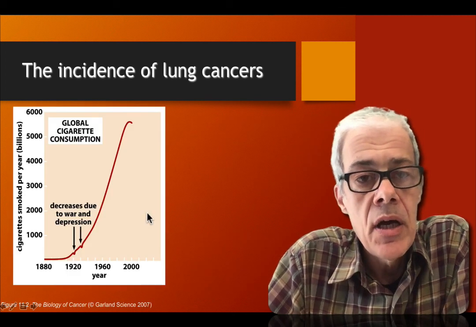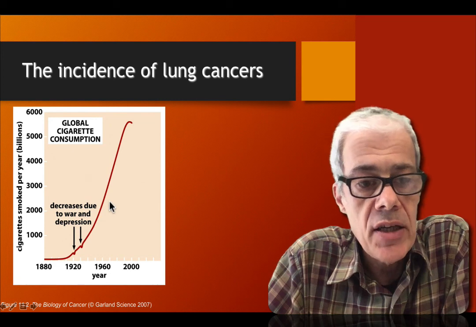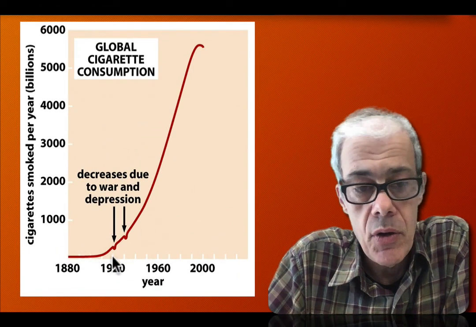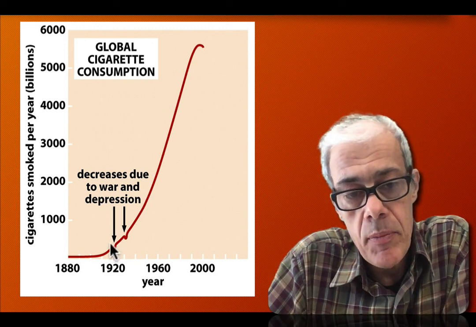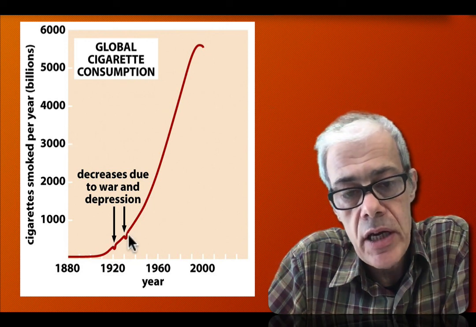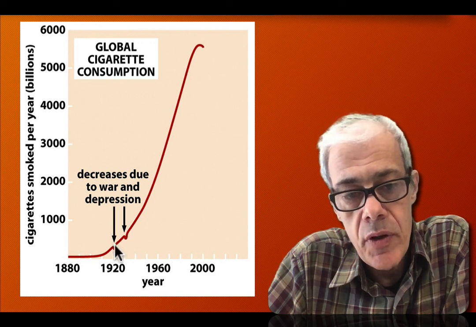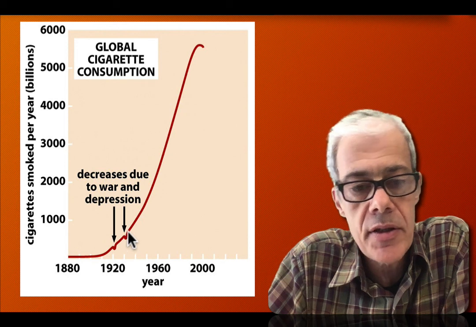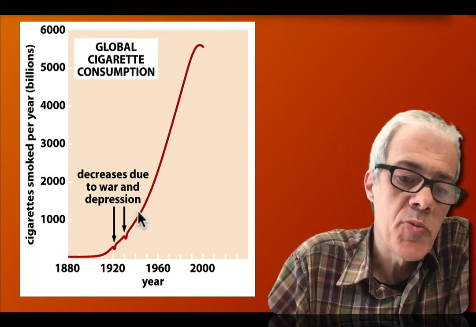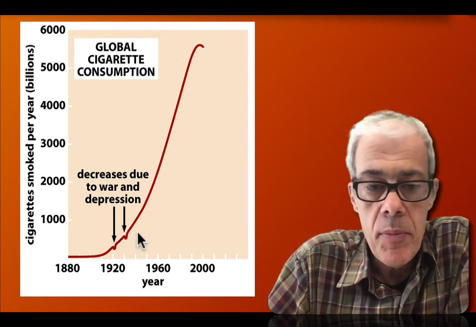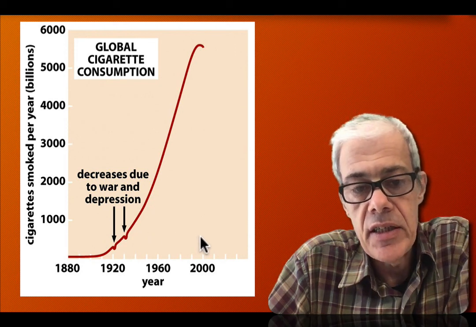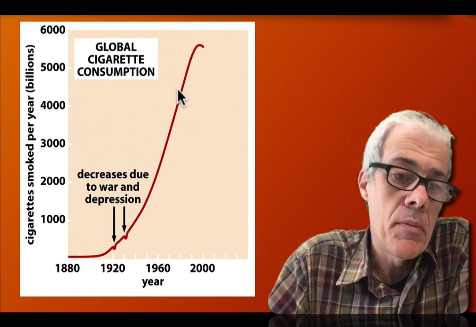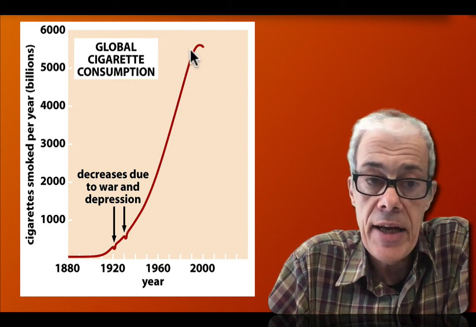So this is some data looking at the global consumption of cigarettes. Approximately here we have World War I, and here we have World War II, with some economic depressions as well, where people didn't buy as many cigarettes. And here you can see the spread of cigarette smoking across the 1960s, 70s, 80s, and 90s, with cigarette smoking increasing annually.